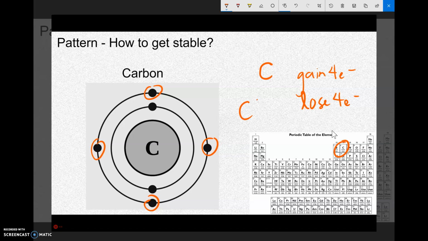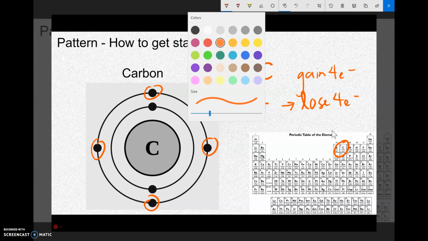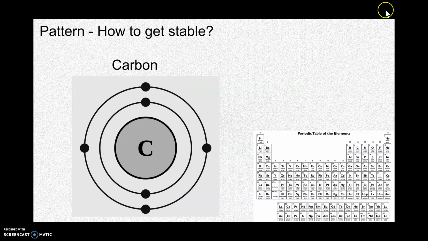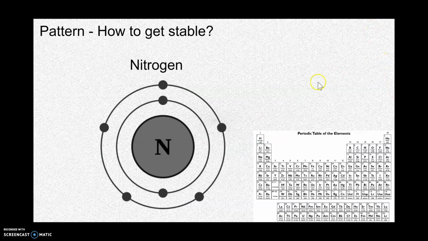It can either be a +4 if we lose 4, or it could be a carbon with a 4 negative if it gains 4 electrons. Because if you gain electrons, remember electrons are negative, and so your charge is going to become more negative.